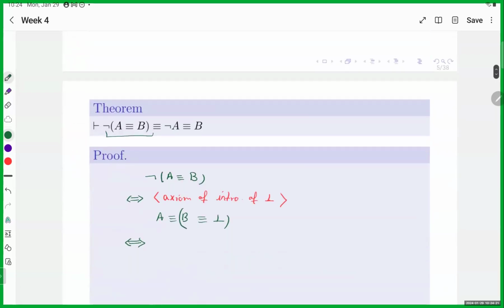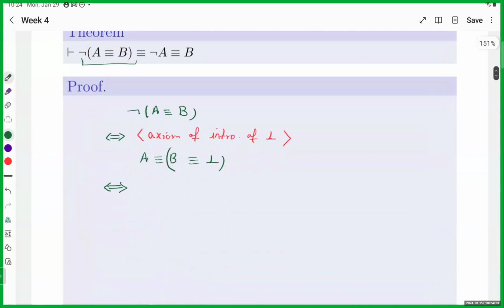Now, how do we do that exactly? Note that if I didn't have this here, I can just say axiom of introduction of bottom, and we're done. But since we have this extra formula, it's not a formula, but extra bunch of symbols, and this here, B is equivalent to bottom, is only a sub-formula.